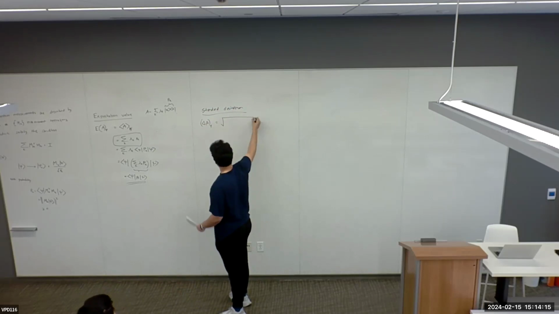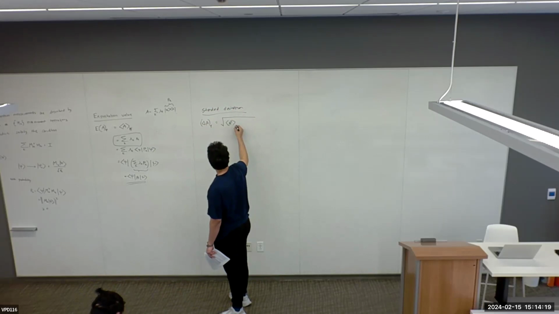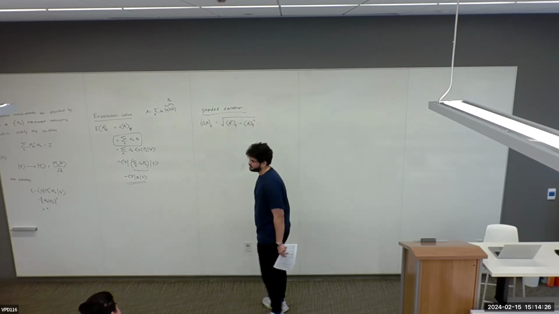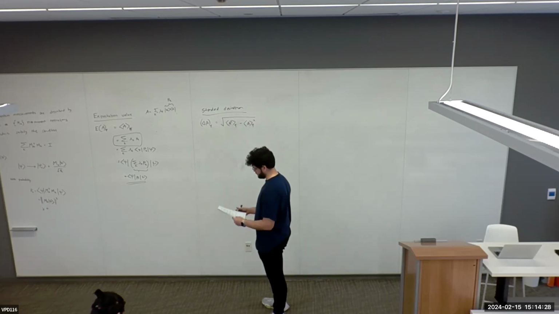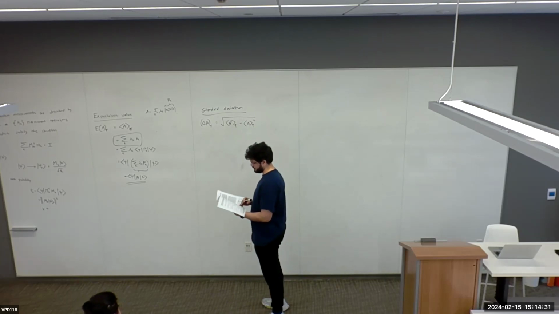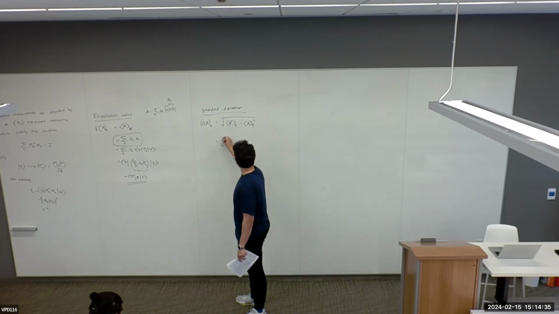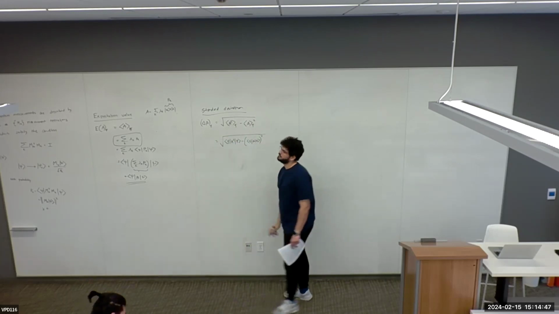This is just the square root of the observable squared expectation value minus the expectation value squared. So this is just the square root of psi A square psi minus psi A psi squared.